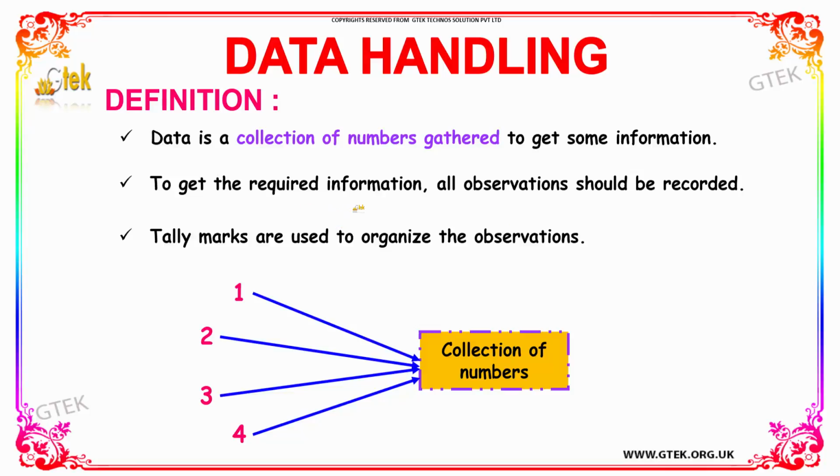To get useful information, the observations are recorded, and from the recorded information, we are going to derive useful data. So here, we know that 1, 2, 3 and 4 individually are numbers. When we collect them together, then it is a collection of numbers.